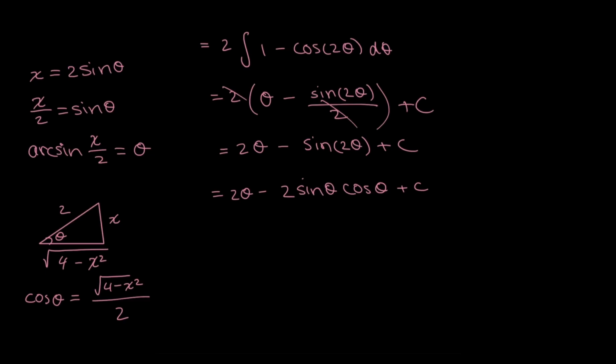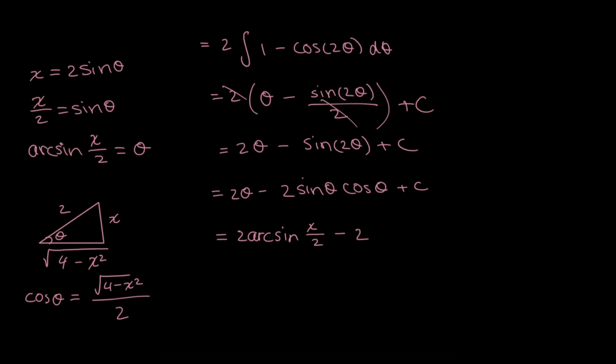So now that I have everything, I could plug it all into my solution over here. So 2 theta, I said theta is equal to arc sine x over 2, so 2 arc sine x over 2, minus 2 times, what did I say sine was, x over 2, and then my cosine is equal to the square root of 4 minus x squared all over 2, plus c.